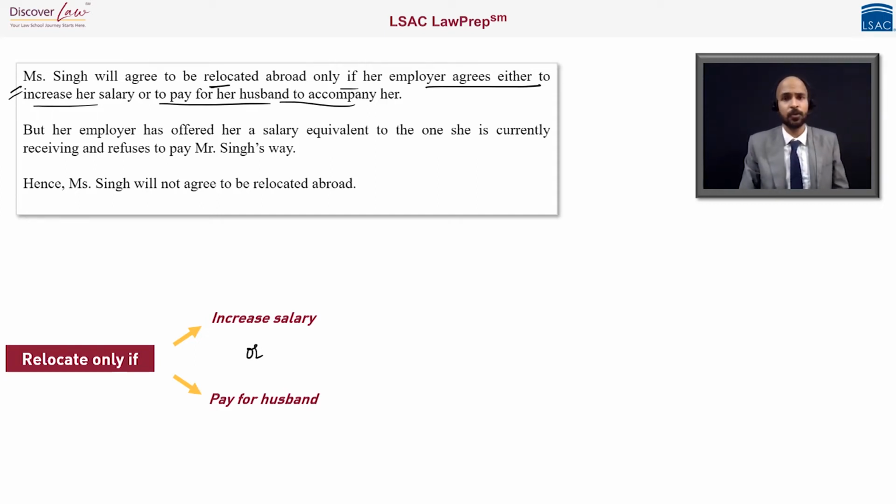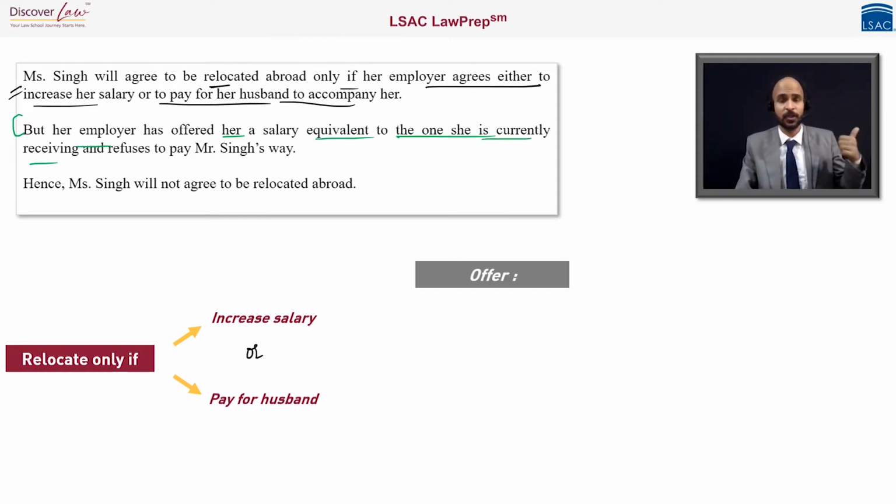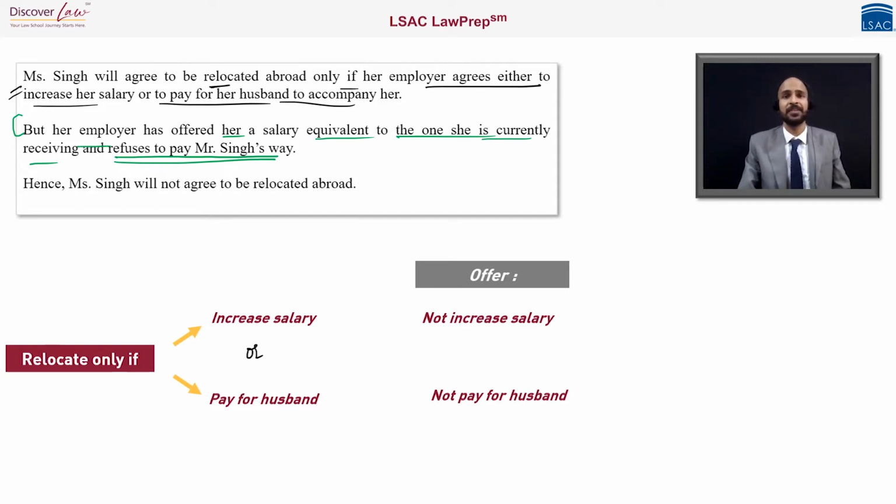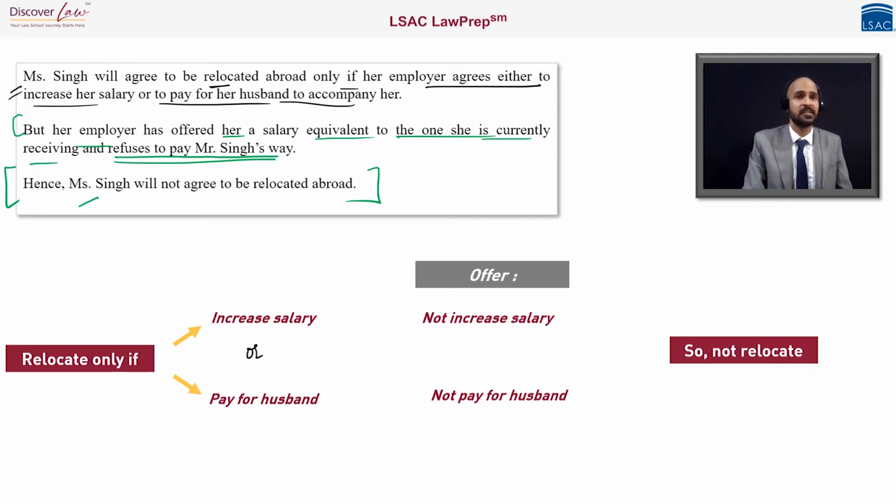It goes on to say, but her employer has offered her a salary equivalent to the one she is currently receiving, which means that the offer made to her has no increase in the salary, and the employer also refuses to pay for Mr. Singh's way, which means that it also refuses to pay for the husband. And then you have the final line that says that hence, therefore, Miss Singh will not relocate. So this is the conclusion.